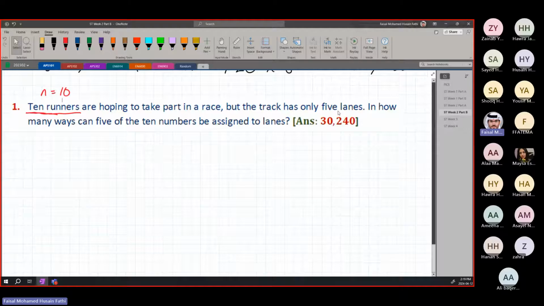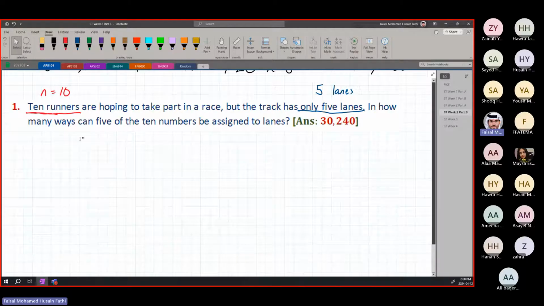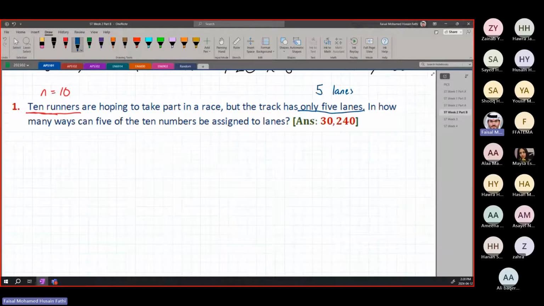But the track only has 5 lanes. In how many ways can 5 of the 10 runners be assigned to the lanes? So if you notice, our 5 is here. This is our 5 of the 10. This 5 is our R, equal to 5.